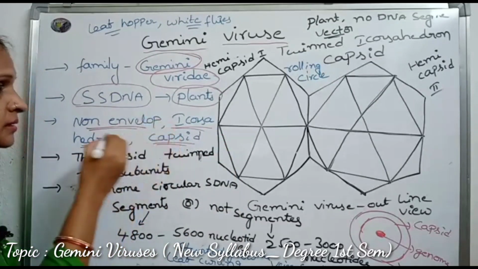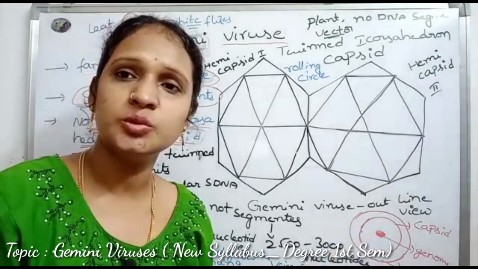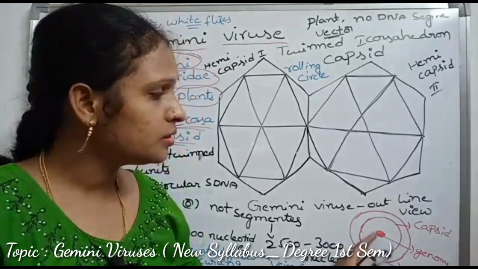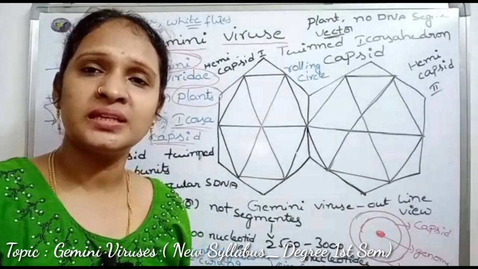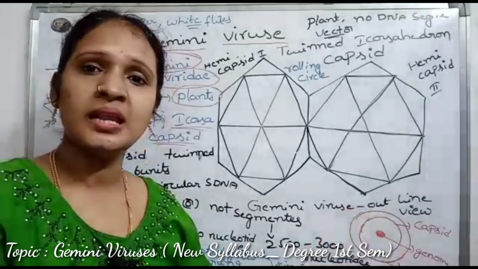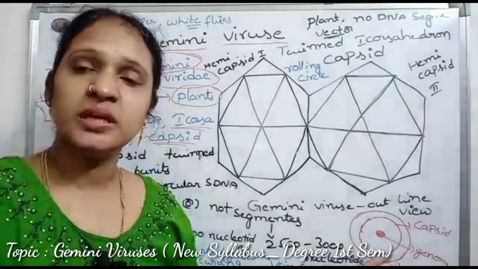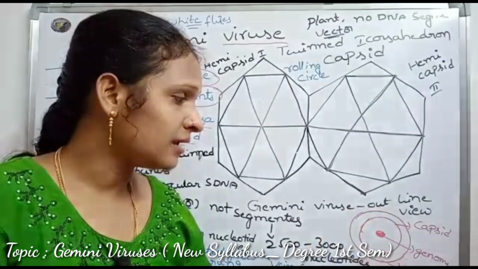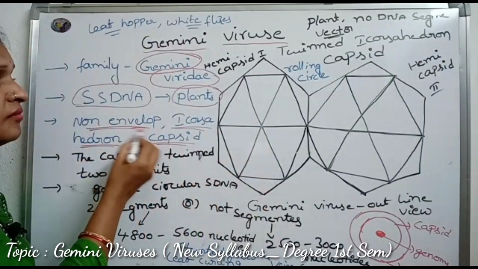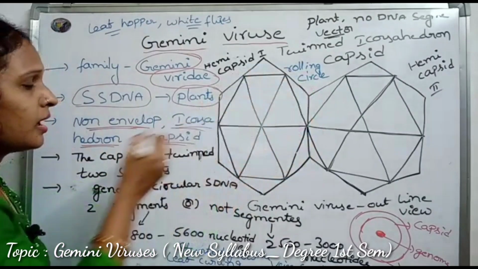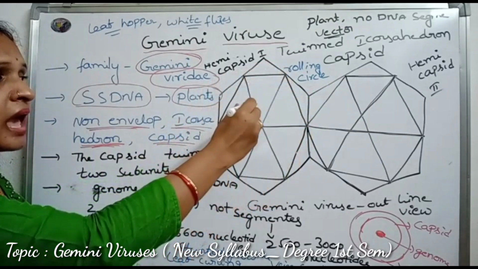What does this mean? Non-enveloped means viruses generally have two components: the genome and the surrounding protein coat, the capsid. Some animal infecting viruses have an additional layer around the capsid. This additional layer is absent in Gemini viruses. They appear like an icosahedron and consist of only the capsid and genome.